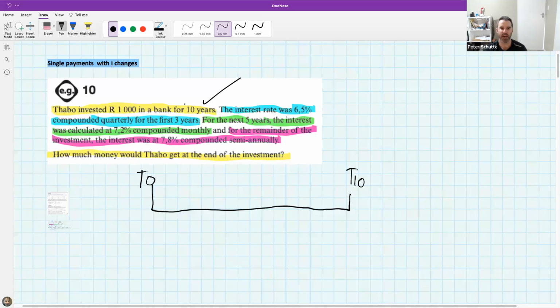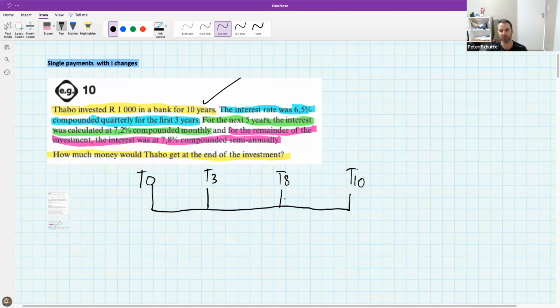Now, if we look at important periods along the journey, the interest rate was a certain amount for the first 3 years. So what I'm going to do is on my timeline, I'm going to make a special point for T3 because that was where something changed. And then for the next 5 years, well, the next 5 years after 3, that's going to get me up to T8.